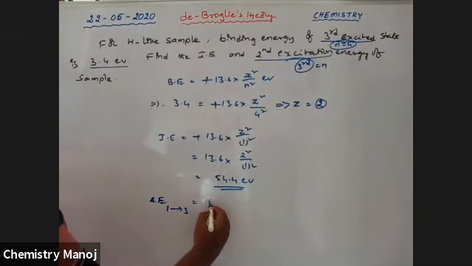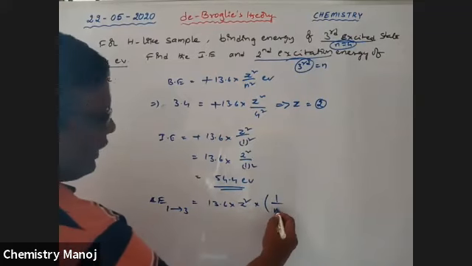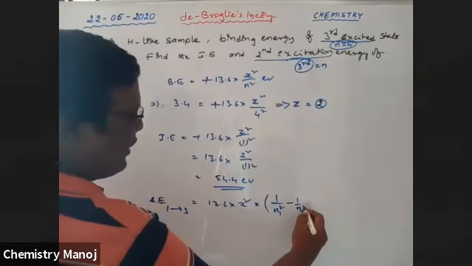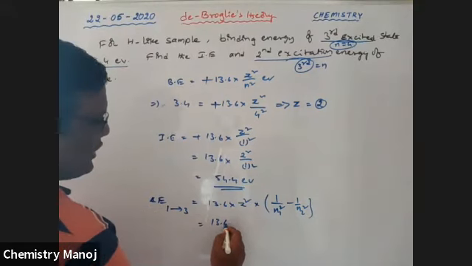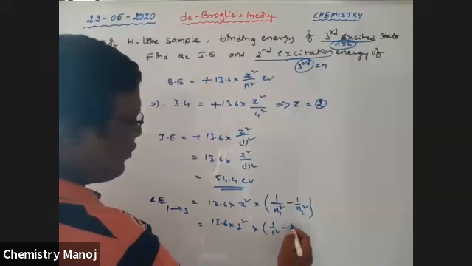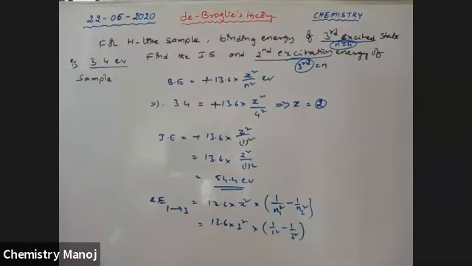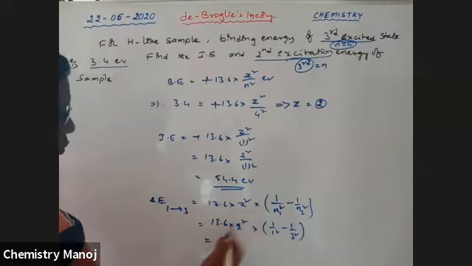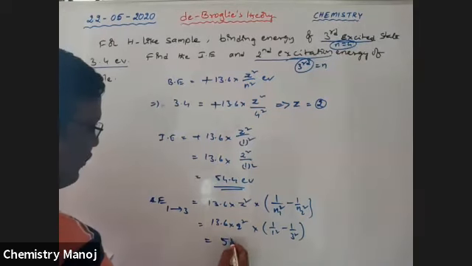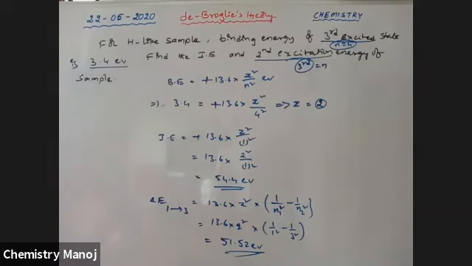Using Rydberg's equation, that is 13.6 into Z square, which is 2 square, into 1 by 1 square minus 1 by 3 square. Finally we will get 15.52 electron volts.